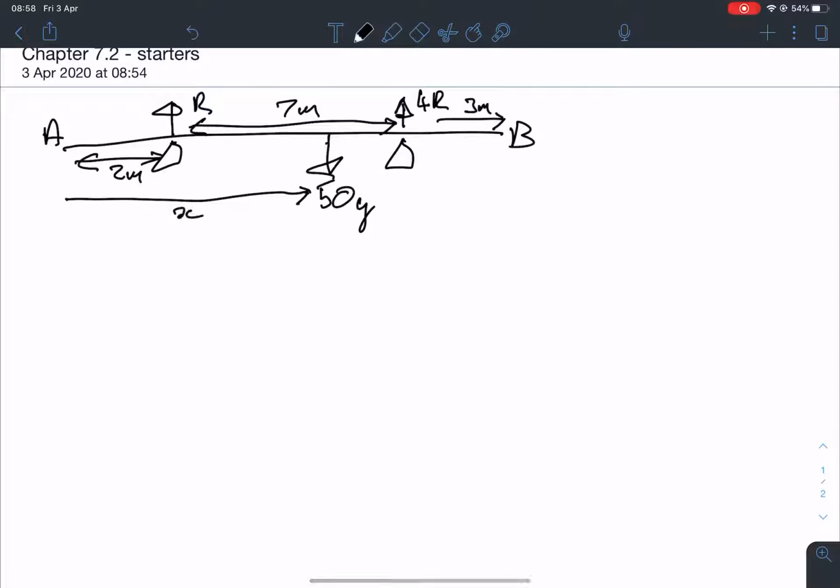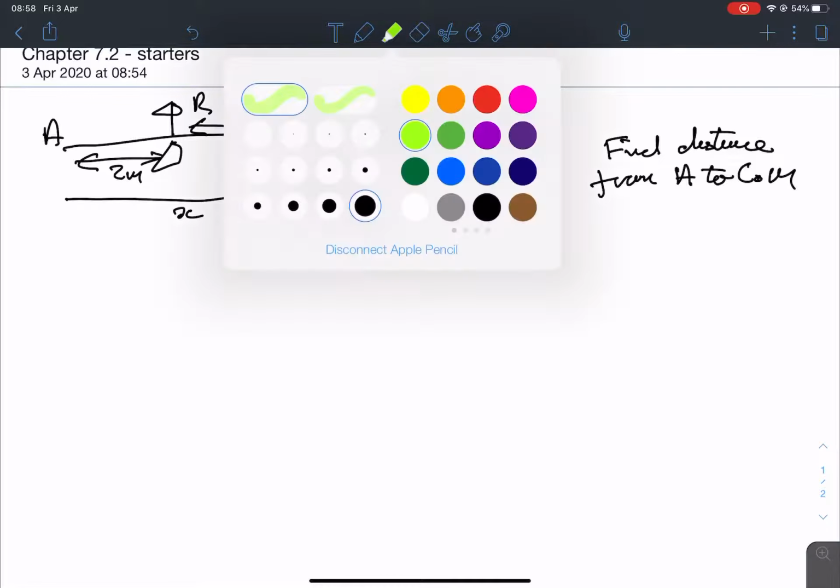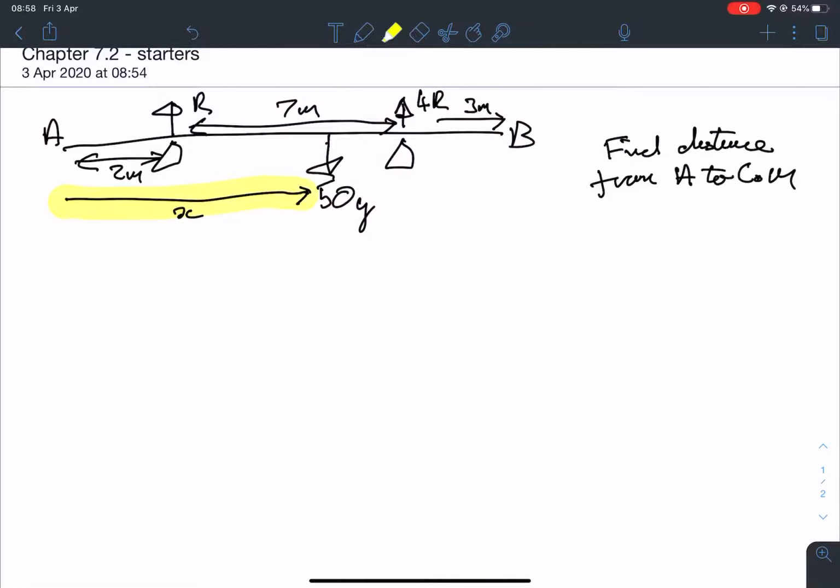We're going to call one end of the rod A, the other end of the rod B, and the distance to the centre of mass from A, X. We're asked to find the distance from A to the centre of mass, which is why I've labelled that length as X, as we always take moments about the point we want the distance of the centre of mass from. So the question is to find that value X.